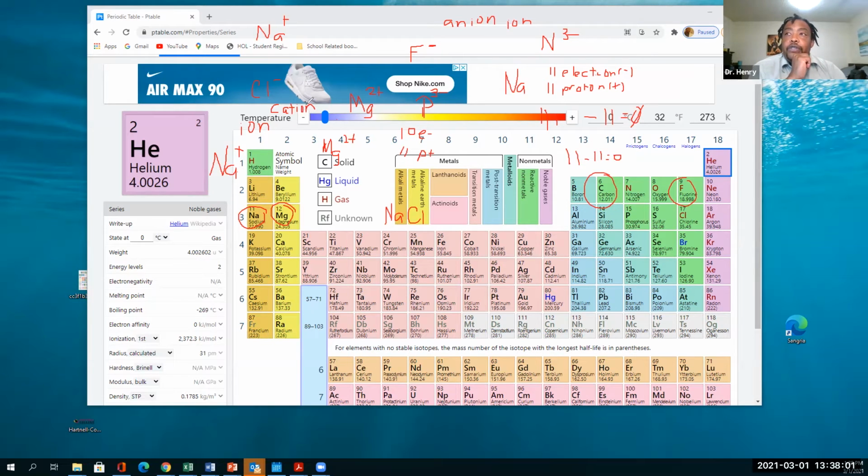Okay, so if I put these two together, how many magnesium am I going to need to balance out my phosphorus? So right now we have a +2 and a -3. Does that equal 0? No. Okay, so what if I add another magnesium? I'm going to erase this so it looks a little clearer. I know I have stuff everywhere. So if you blink, you're going to miss out what I'm talking about, right? So if I add another magnesium, does that balance it out?